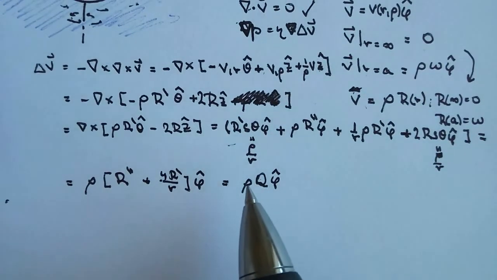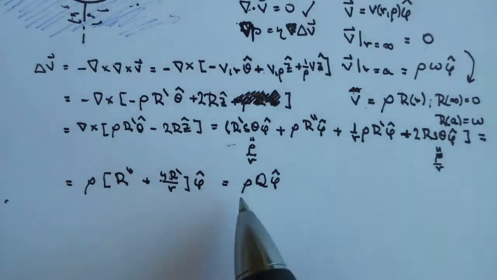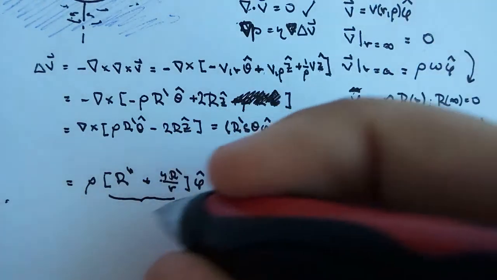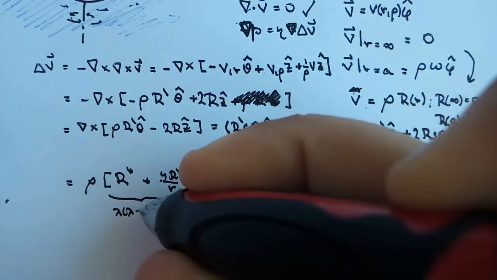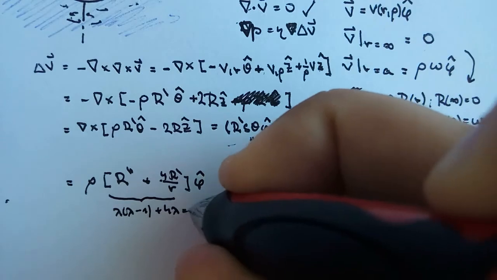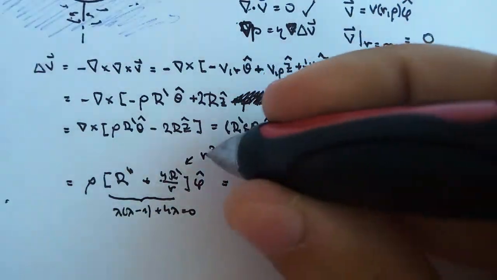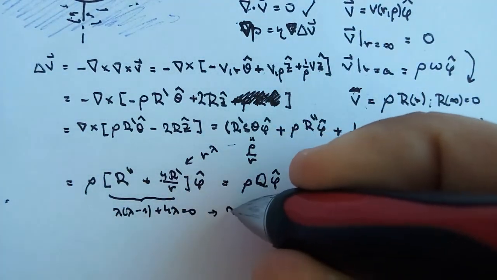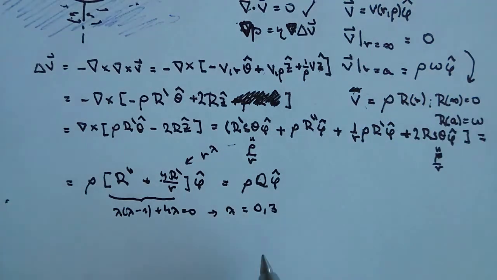And if it's not proportional to phi hat, this should be 0, so q is 0. That's the Euler equation with characteristic equation lambda times lambda minus 1 plus 4 lambda equals 0. Again, we are substituting in the solution r to the lambda power, and you will get this. So the solutions are lambda is 0 and lambda is 3.